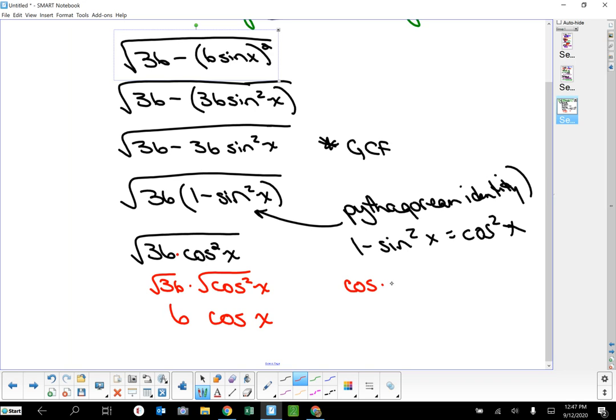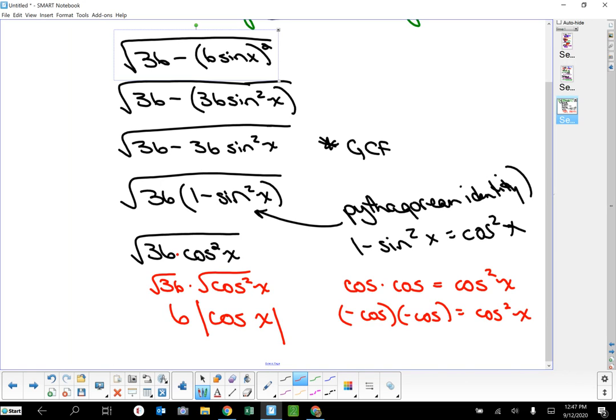Cosine times cosine is cosine squared. And negative cosine times negative cosine is also cosine squared. And you don't know which one you're dealing with. So in varsity, you need to put some absolute value signs around your cosine x so that it does not get marked wrong. Okay? That's the last couple problems, I think, in this problem set.